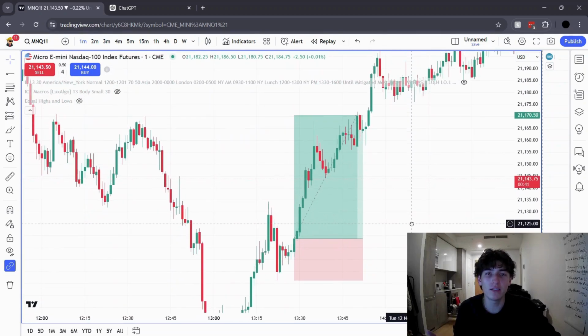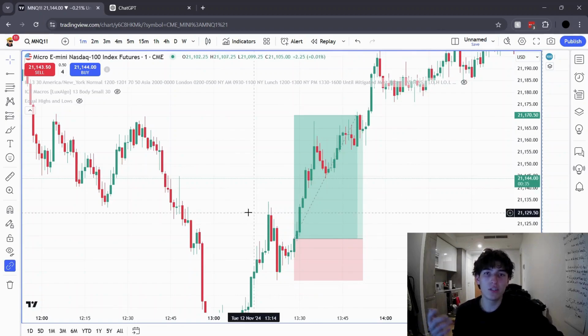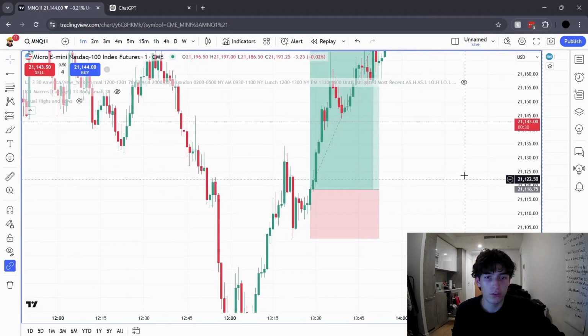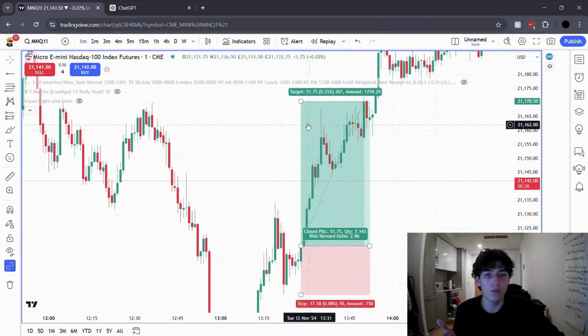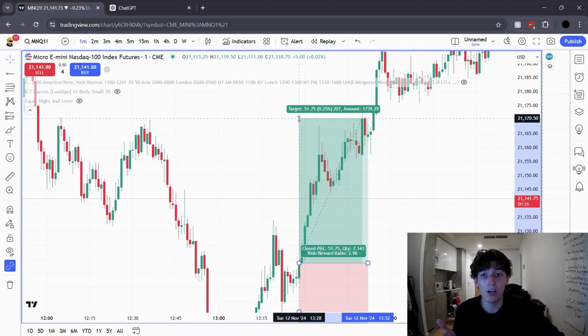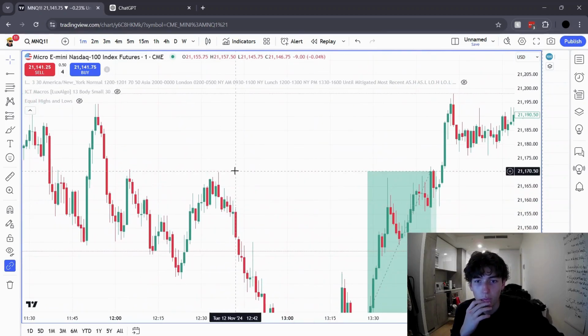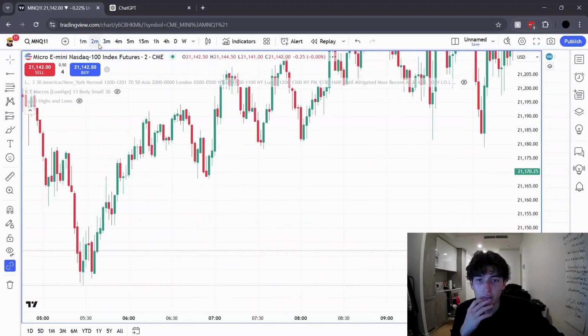But when you create your bias, and let's say you start the day and you think market's going to be bullish, or the next hour is going to be bullish, then that's when you should target high points of liquidity. Because, for example, let's say we had these equal highs right here, right?